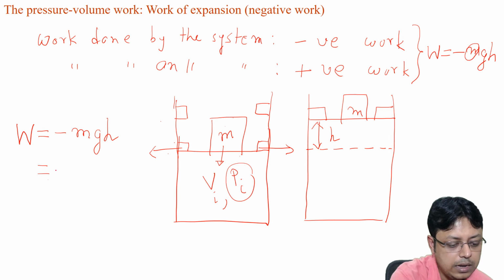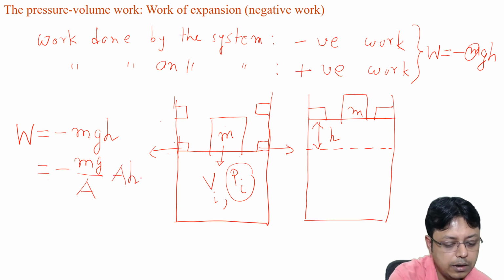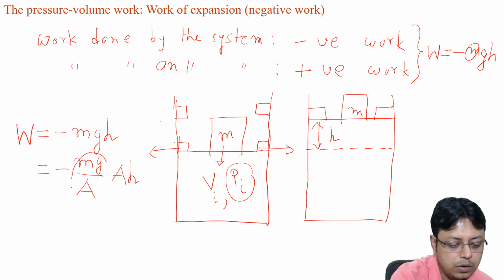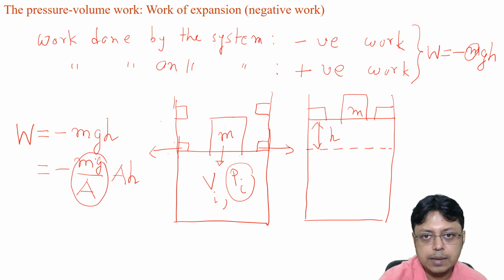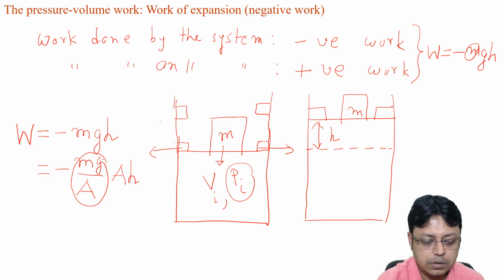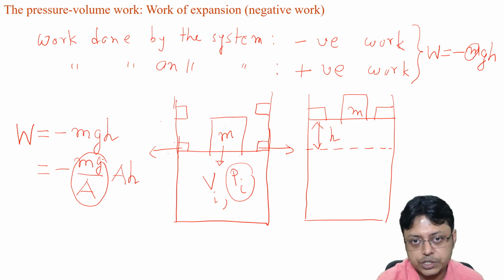Now you can divide it by the area of the cylinder and again multiply by the area of the cylinder. Now remember, if I do that, what is this quantity? What is mg? mg is nothing but mass times acceleration. So mg represents the force acting on the gas through the piston. Force by area is nothing but the pressure.